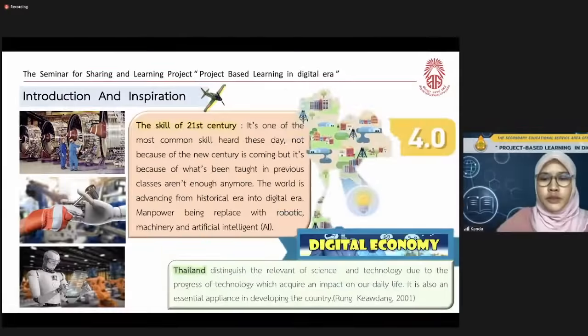Thailand recognizes the relevance of science and technology due to the progress of technology which has an impact on our daily life. It is also an essential part of developing the country.